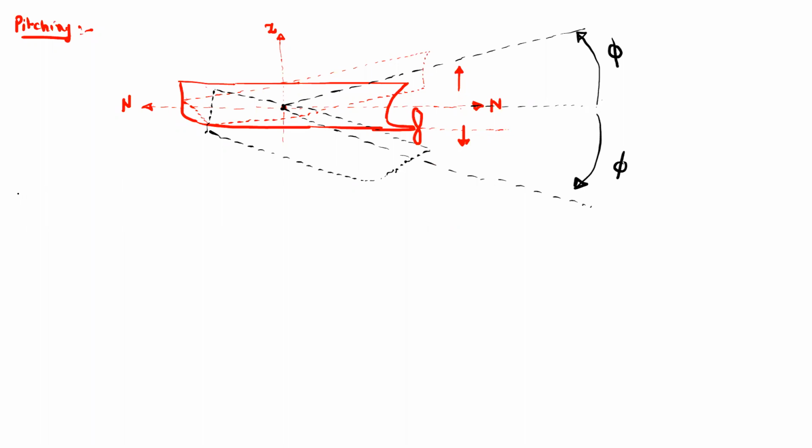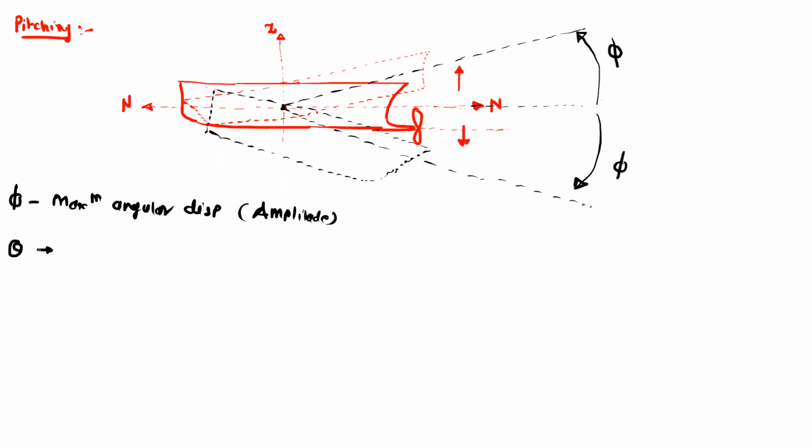Okay, so phi is the maximum angular displacement, or this is called the amplitude. That is the maximum displacement. It is taken as amplitude in simple harmonic motion. Then we will assume theta as the instantaneous angular displacement.